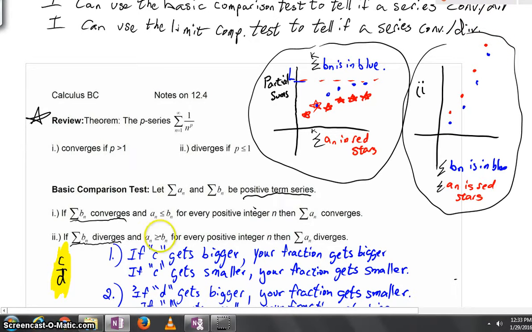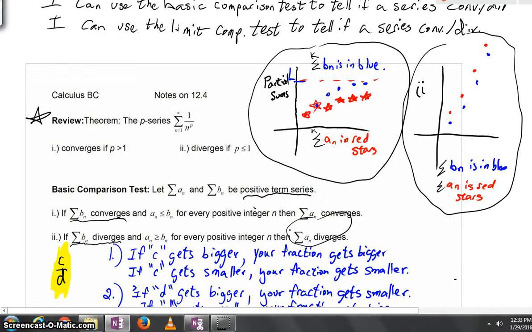But if term by term by term, a sub n is bigger, that means the partial sums for that series of a sub n must be larger as well. So these red dots would indicate the partial sums for the series involving a sub n, and they must be bigger than b sub n. If the blue dots are heading off towards infinity as we move to the right, surely the red dots would as well. And that would be why we can say a sub n diverges.